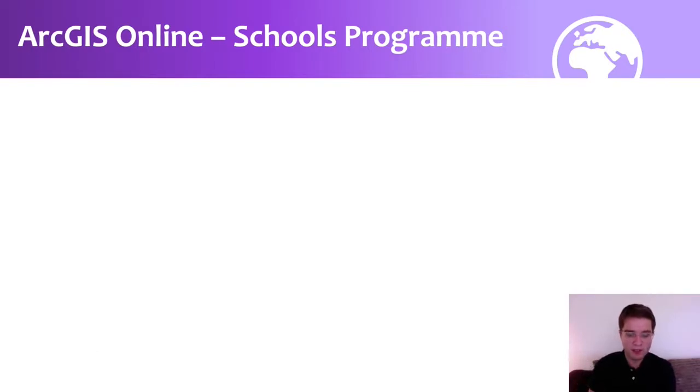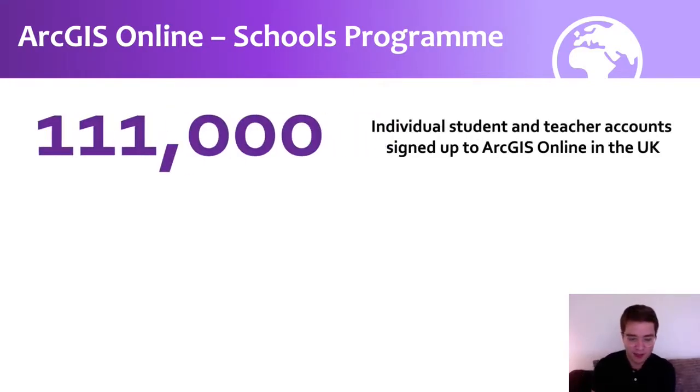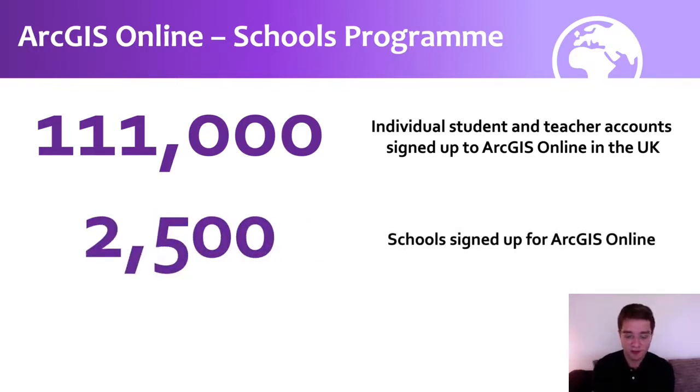Before that though, I wanted to just share with you some of the user data behind ArcGIS Online and schools in the UK. As of March 2020, this year, there are over 111,000 active ArcGIS Online users in schools, made up of both teachers and students. And over 2,500 schools have now signed up.